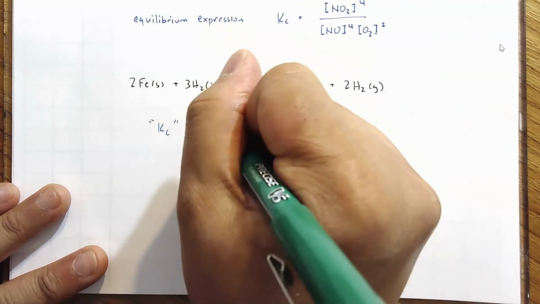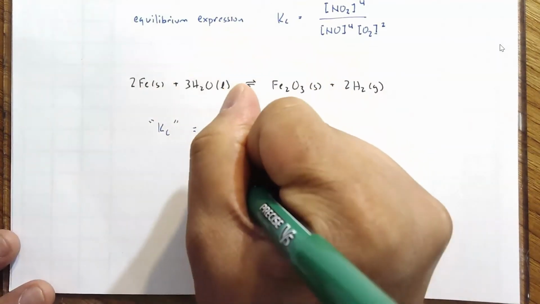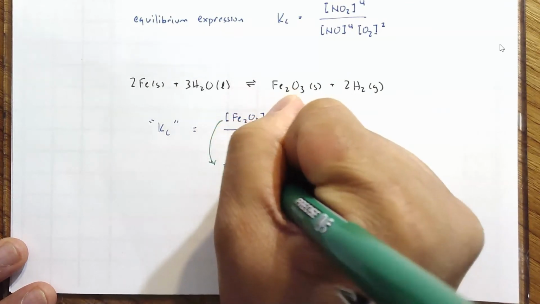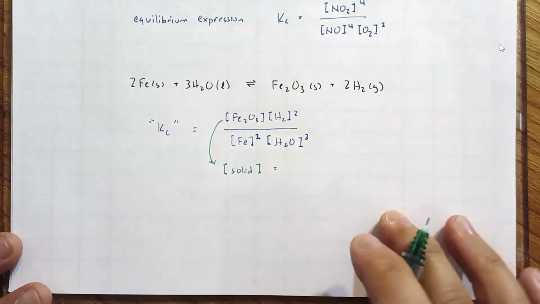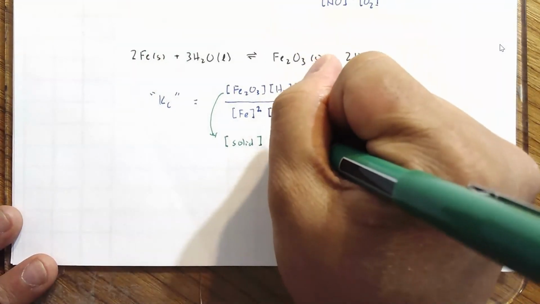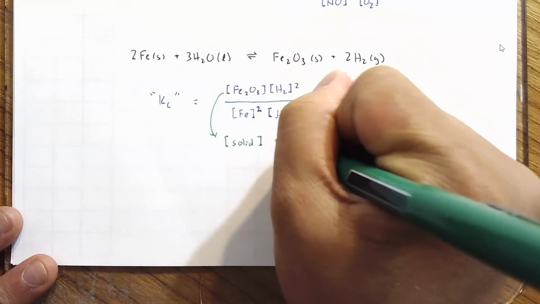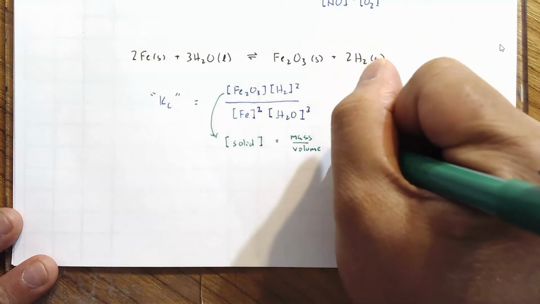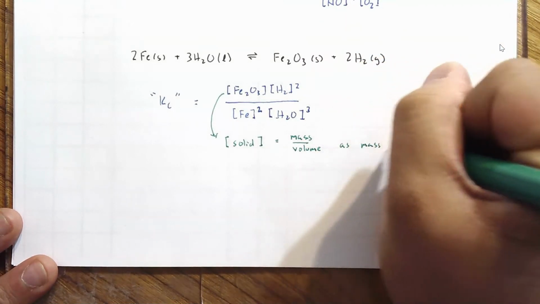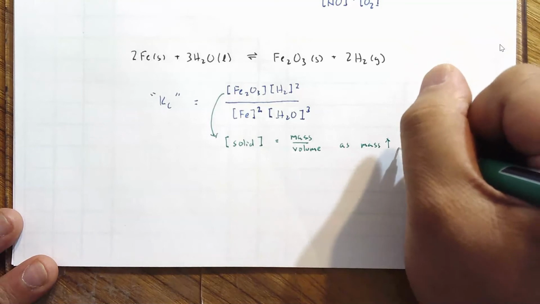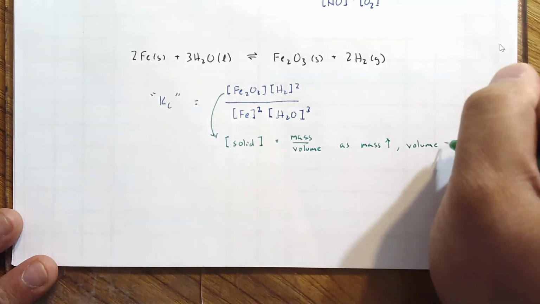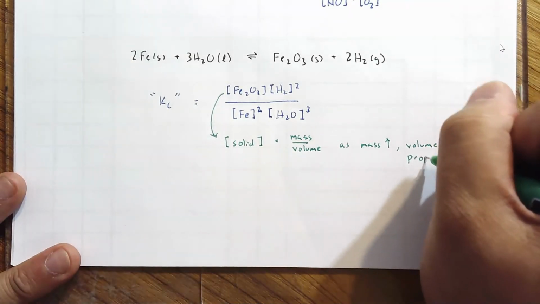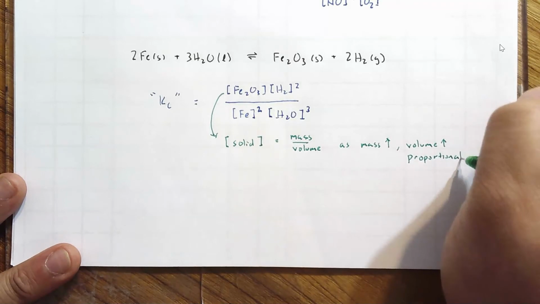Alright, so here's the deal. Fe2O3, this one right here. A concentration of a solid actually doesn't change. The concentration of a solid is mass divided by volume. And as mass goes up, volume goes up as well, proportionally. So this ratio never changes. Is that a big deal?